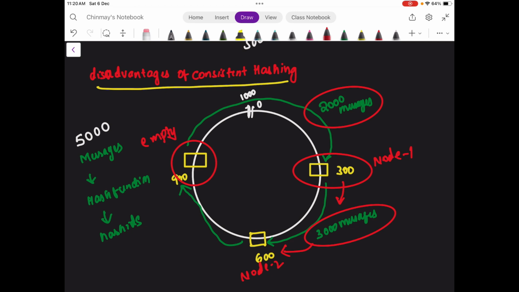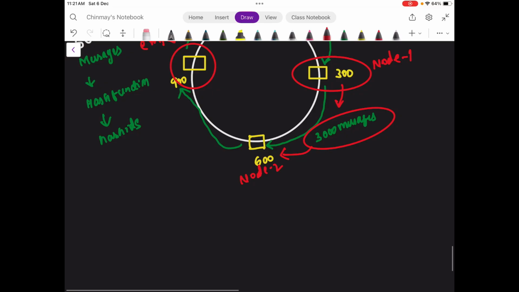There is a chance, right? We can't control the equal distribution of messages between the nodes here. The hash function only controls that the hash ID is between the lower limit and the upper limit. That is the only control we have. We can't control the equal distribution of messages between the nodes. That is one disadvantage of consistent hashing.